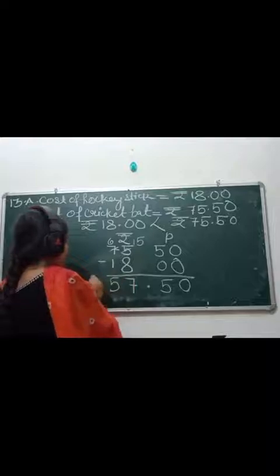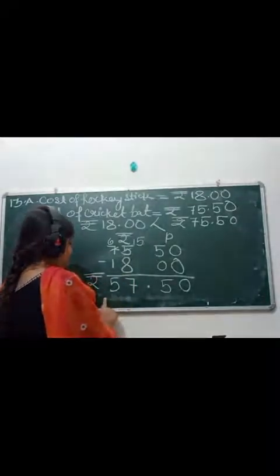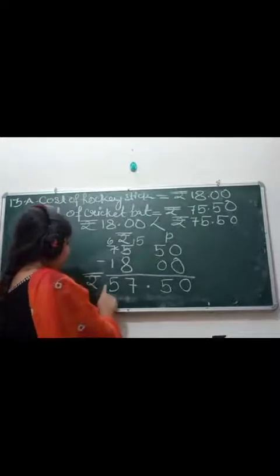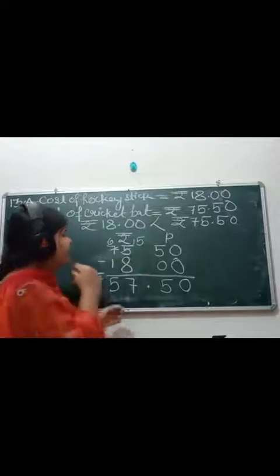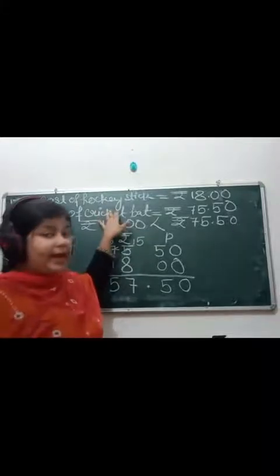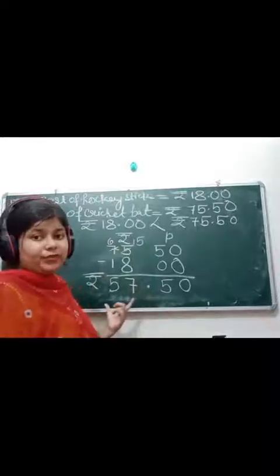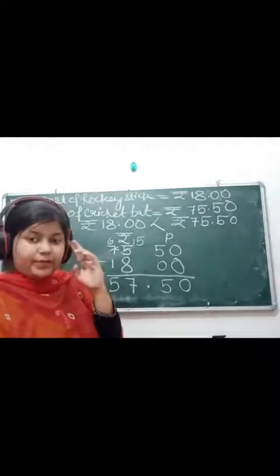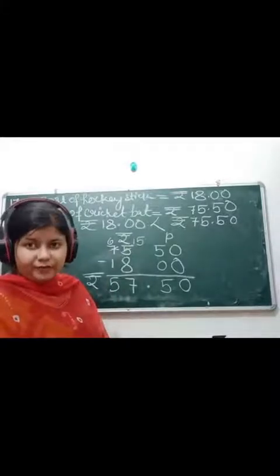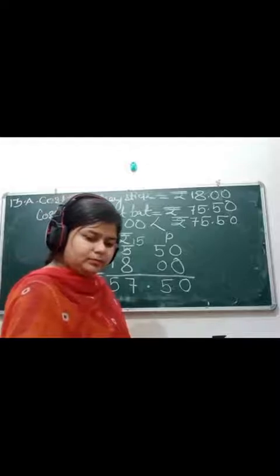So our answer is 57 rupees and 50 paisa. So the cricket bat is costlier than the hockey stick by 57 rupees and 50 paisa. Got it? Okay?